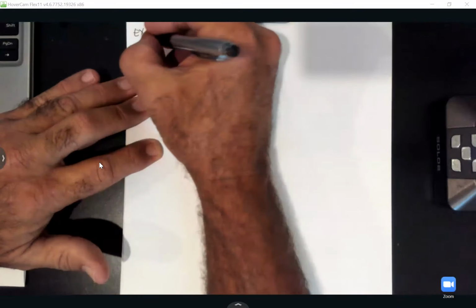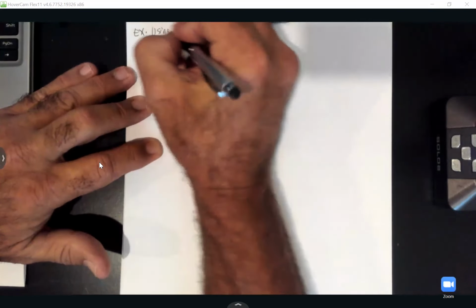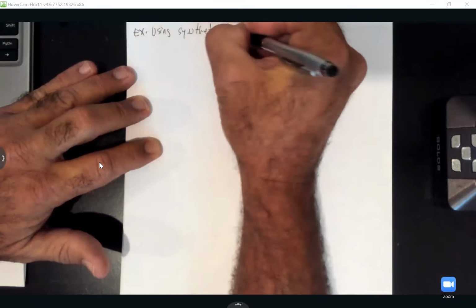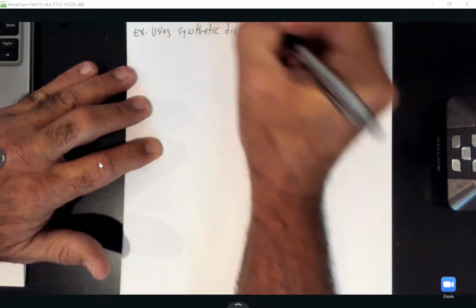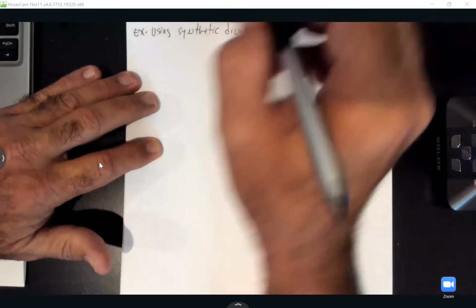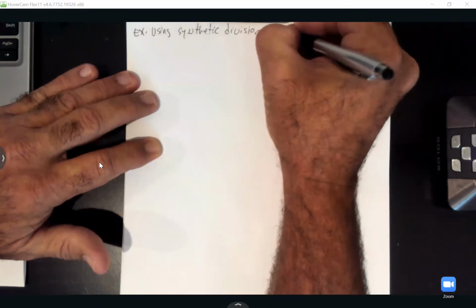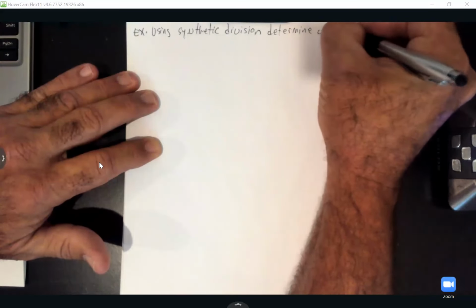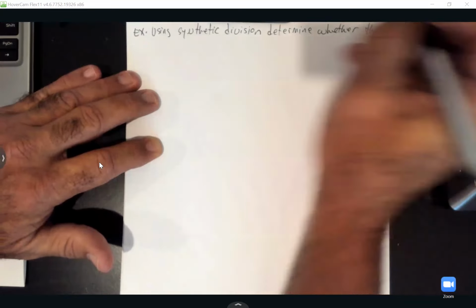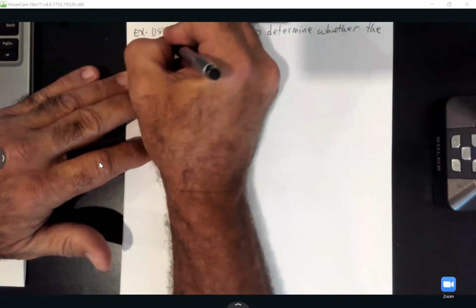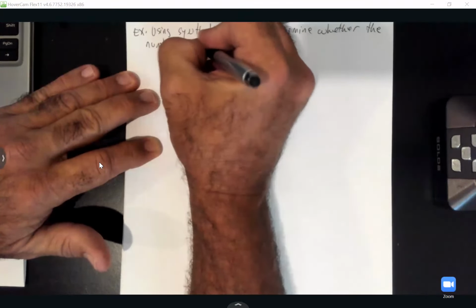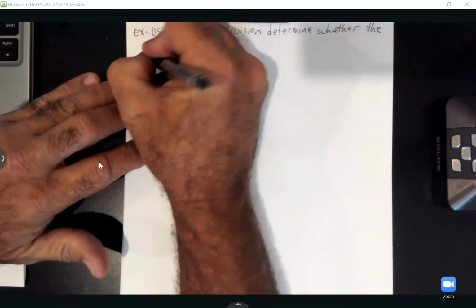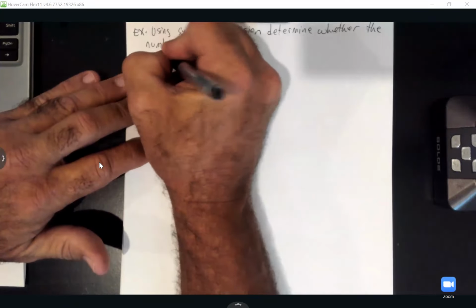Same thing here, using synthetic division. Determine whether the numbers are zeros. All right, this time they're giving me -1, 1.